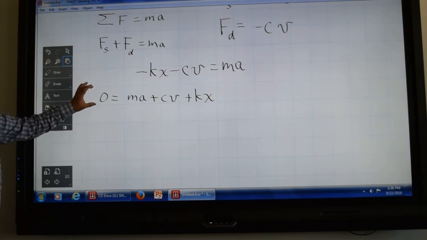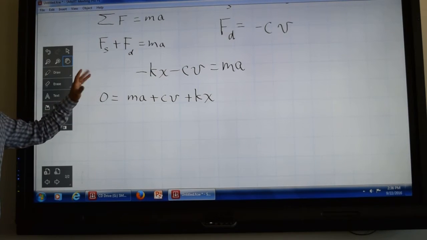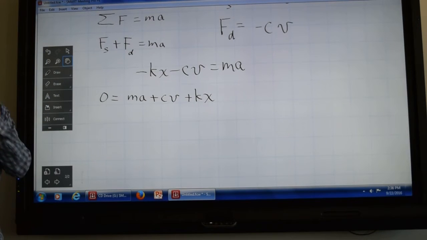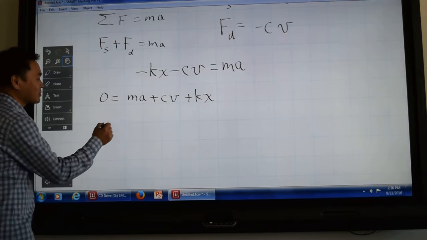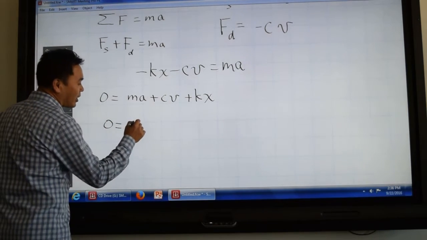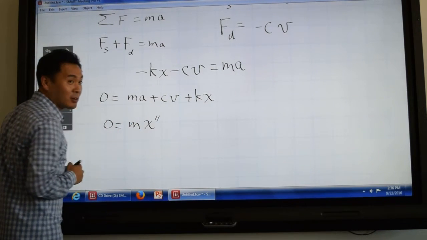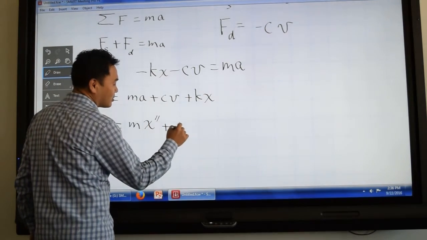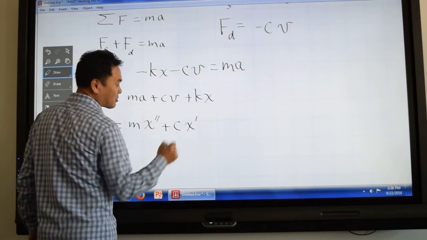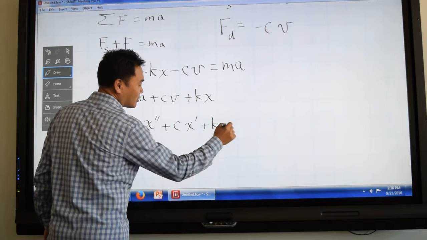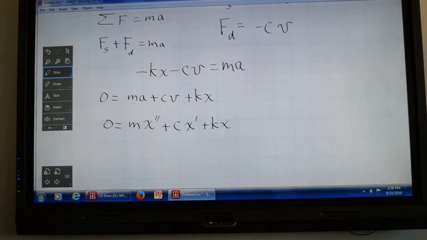Okay, is this a differential equation? Yep. Why is this a differential equation? Because a is the second derivative of x. V is the first derivative of x. And now if you write it this way, it's a differential equation.